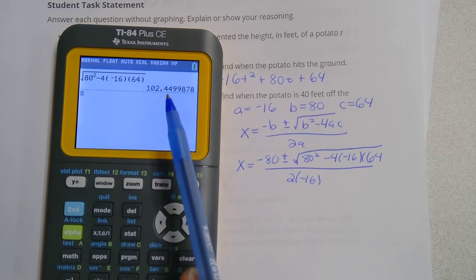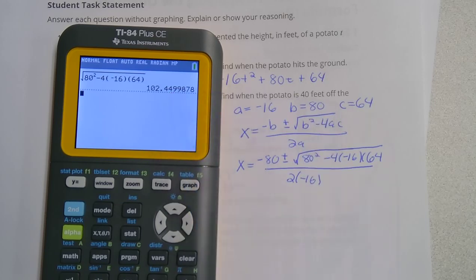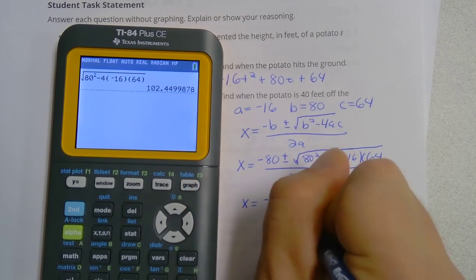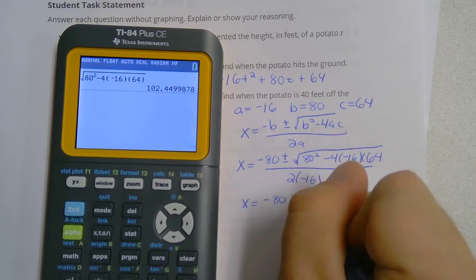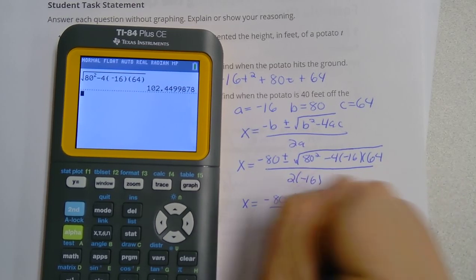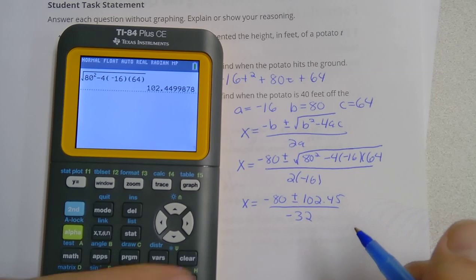When I do that, I get 102.45. So I'm going to write x equals negative 80 plus or minus 102.45, all over 2 times negative 16, which is negative 32.